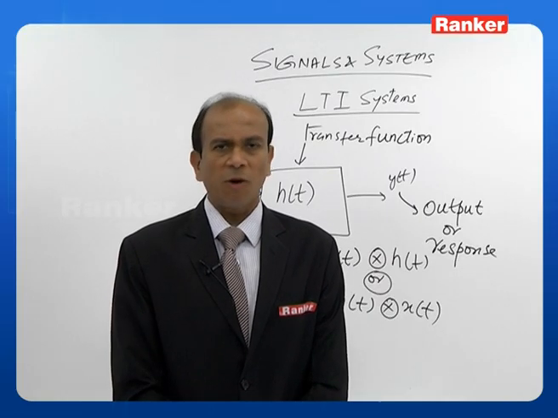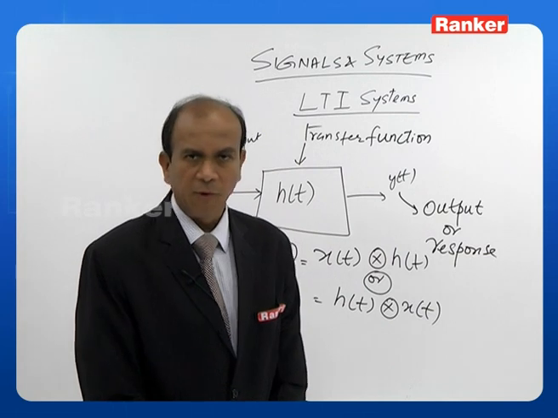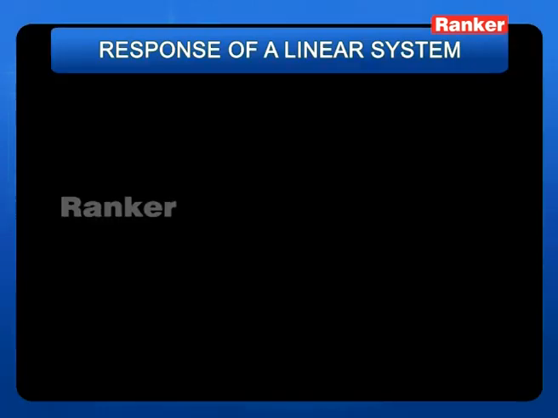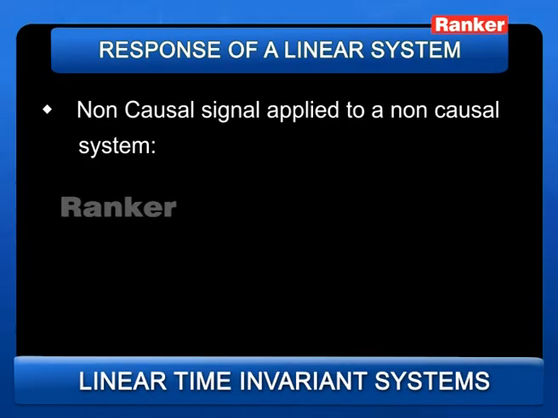Now, let us look at the various combinations available in convolution, how convolution is done. Let us take a non-causal signal applied to a non-causal system. That means, the system is non-causal and the input applied is also non-causal. Then what will be y of t?